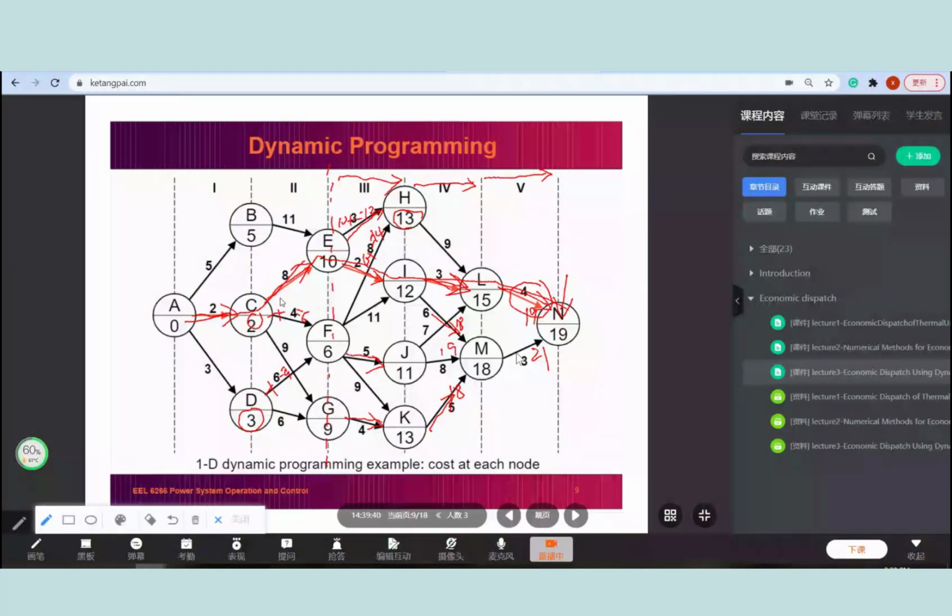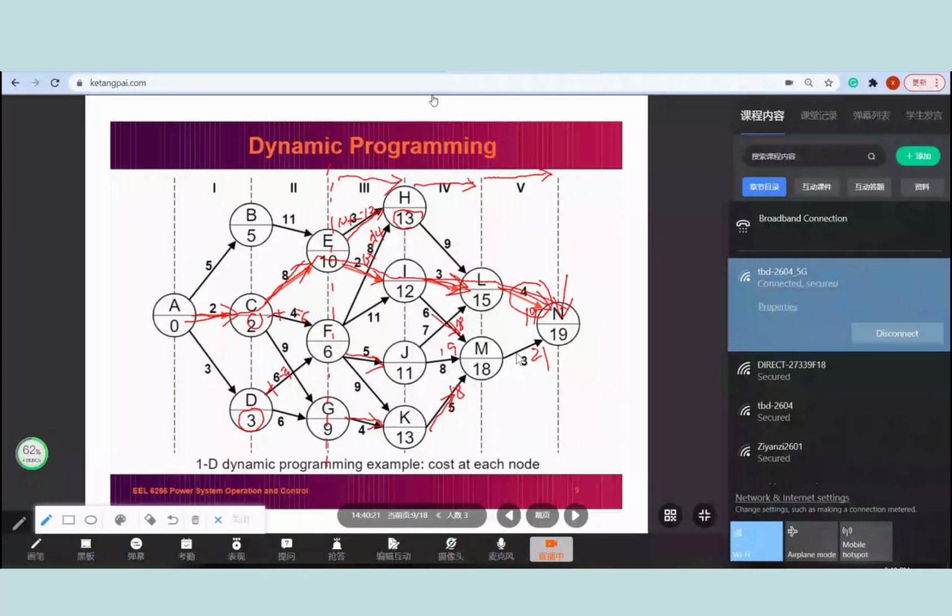How to get E? There are different paths, and we only keep the best path here. The best path is ACE, and the best cost is 10. We just repeat this, and we get the final destination N. So the best path will be ACEILN.